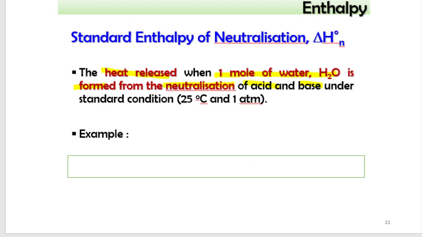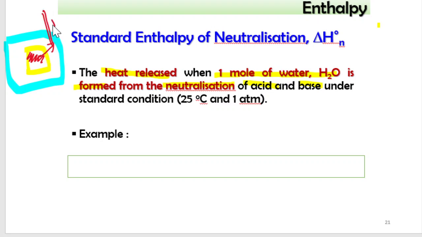So if heat is released, as I mentioned before, this is your system, this is your surrounding. When your reaction happens in your system, heat is released to the surrounding. So the temperature of the surrounding increases.